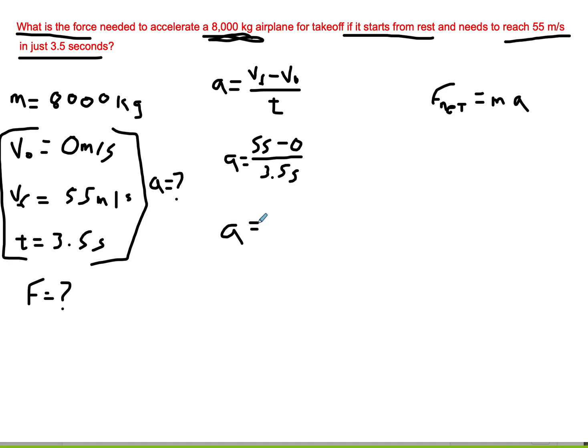I get 55 divided by 3. That will be 18.3 meters per second squared. So that's my acceleration. That acceleration is going to get put right here. So that's going to go over here.